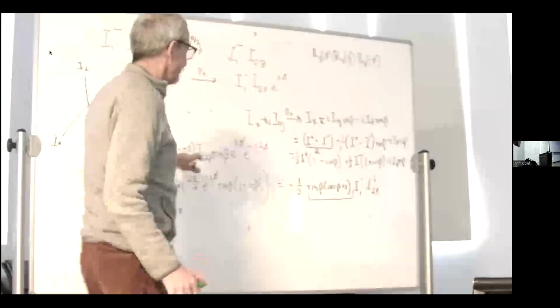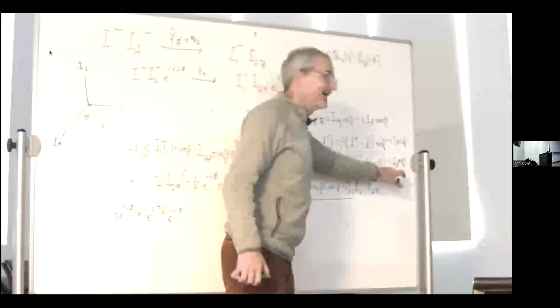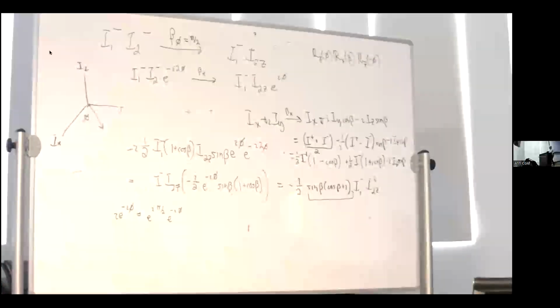So we use the phase of the pulse. Here's the critical part: we use the phase of the pulse to cancel any phase factor that came up in the course of the pulses. And then we use calculus to optimize the flip angle. And what did I get?